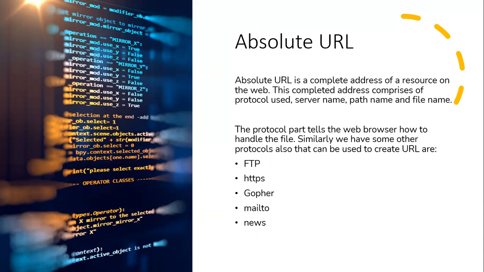Other protocols can also be used to create a URL, like the file transfer protocol, HTTPS, Gopher, mailto, and news. The absolute URL is the full URL, including a protocol like HTTP or HTTPS, the optional subdomain, which is www, the domain example.com, and the path, which includes the directory and slug. An absolute URL provides all the available information to find the location of the page.